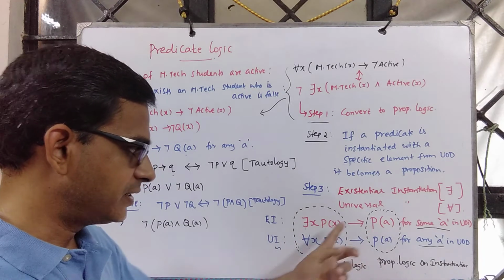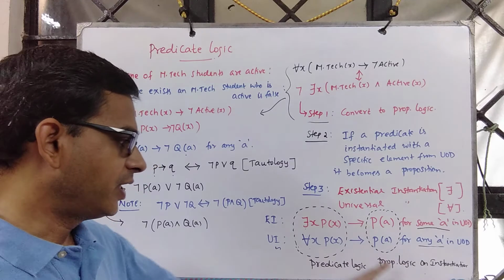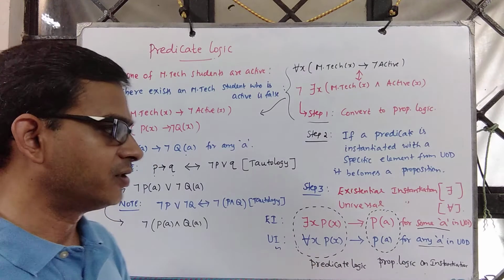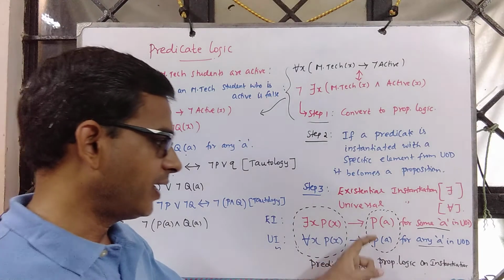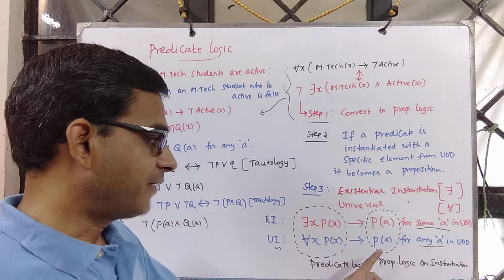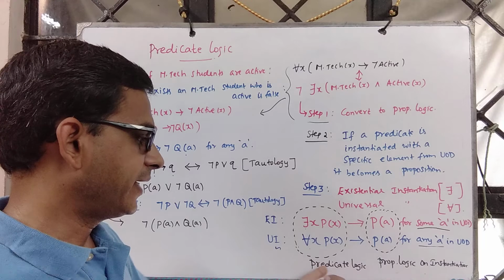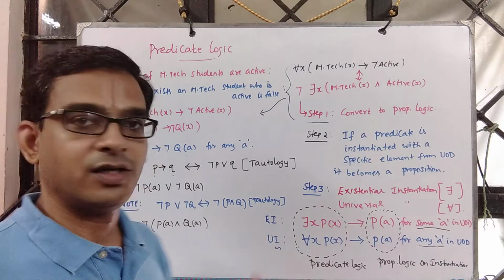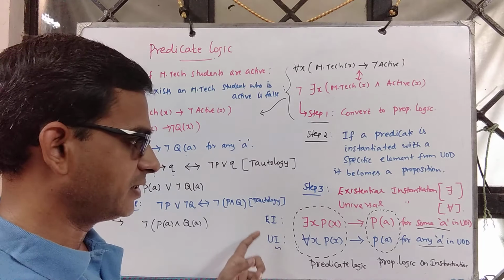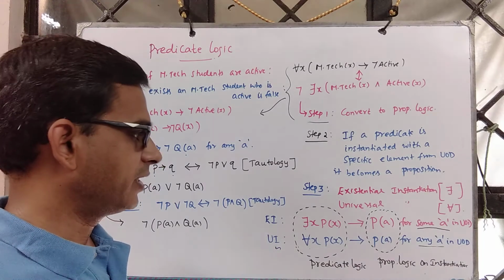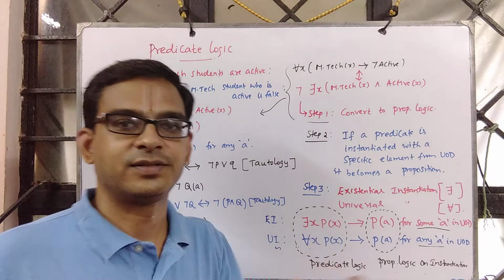Now I need to reverse this. So from propositional logic I should go back to predicate logic. Instead of working with a specific element like A or Rama, I will have to generalize this so that I get back the predicate logic. So that brings existential generalization and universal generalization, which we shall see next.